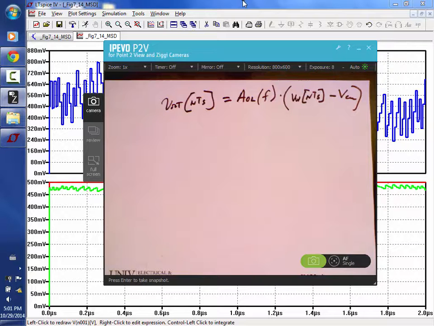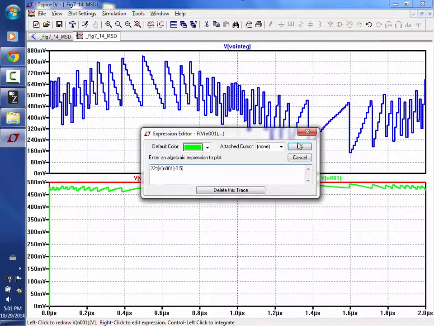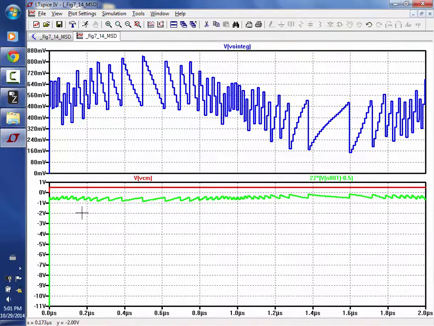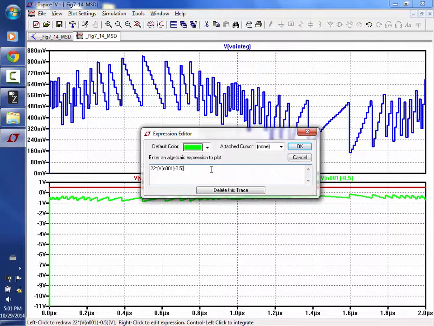Well, if I'm off, it'll just be the negative. Okay, so I hit OK, and it is the negative, isn't it? So let me flip them around. 0.5 minus.